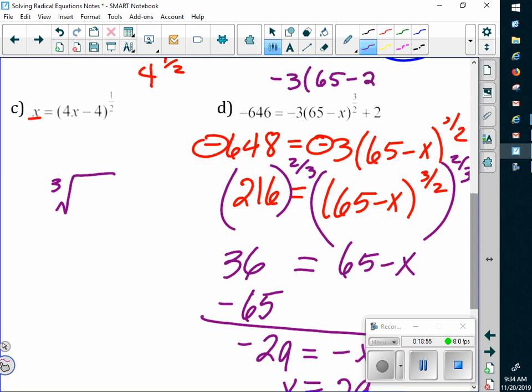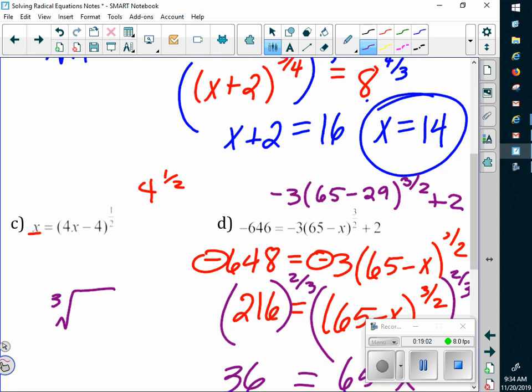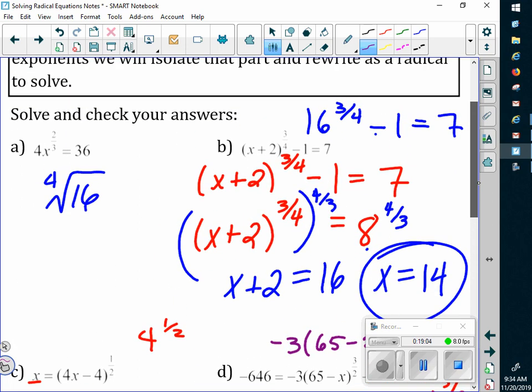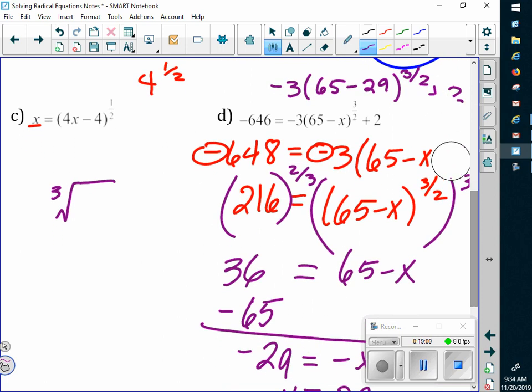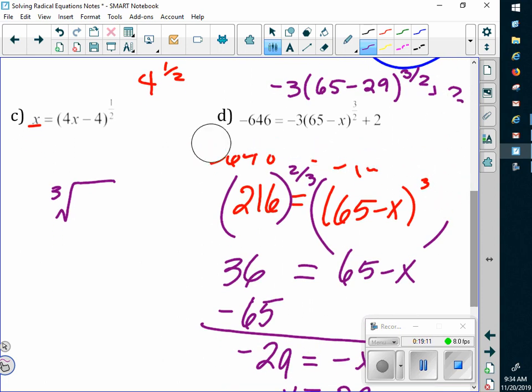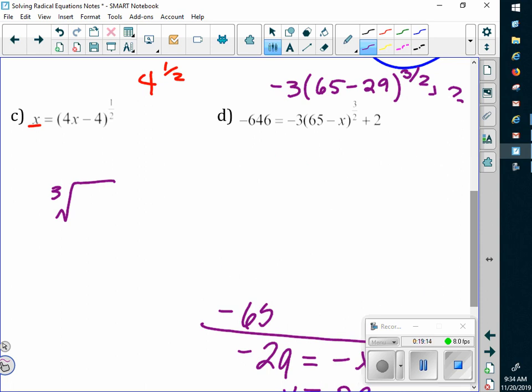65 minus 29 to the 3/2 plus 2. What do you do first there? What's 65 minus 29? 36. What's 36 to the 3/2 power?